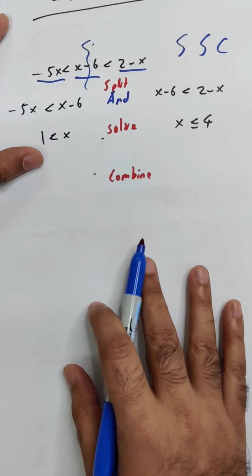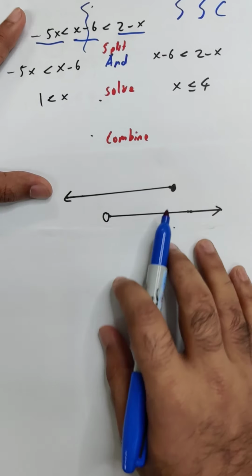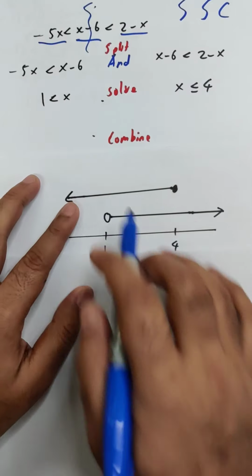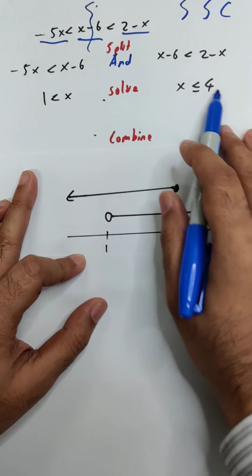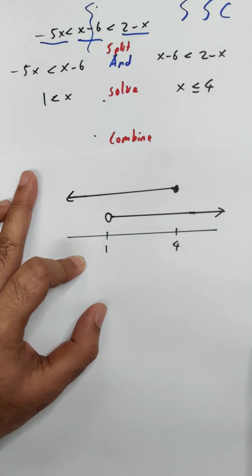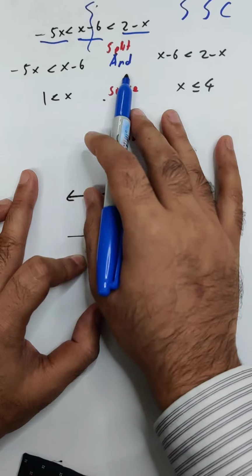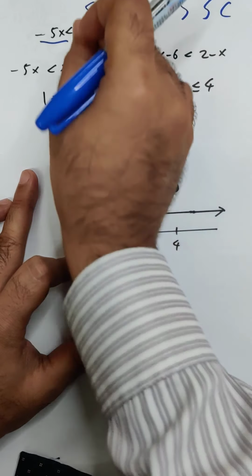You need to use the number line technique. You draw the number line. For this one, x is bigger than 1, and for this one, x is less than 4. And you need to ask yourself, is it an intersection or union? For in-between cases, the split is always intersection, because it's connected.